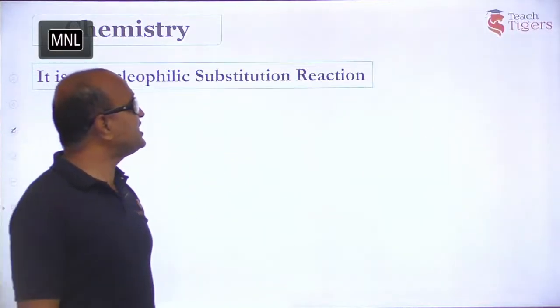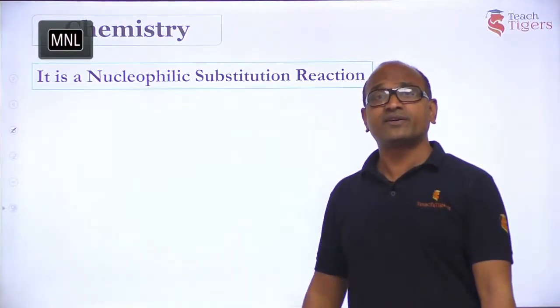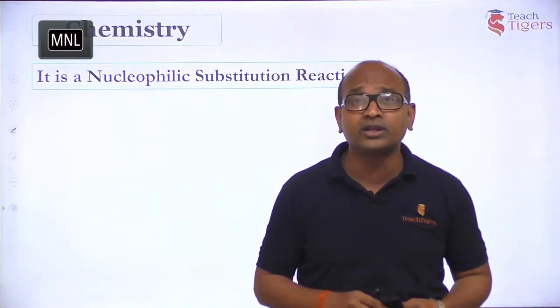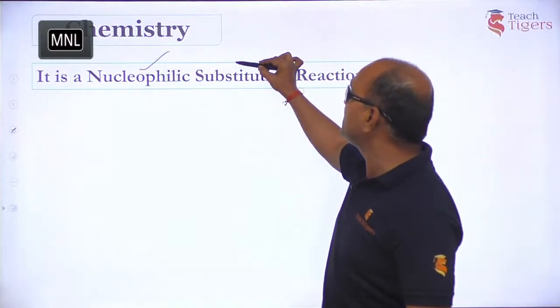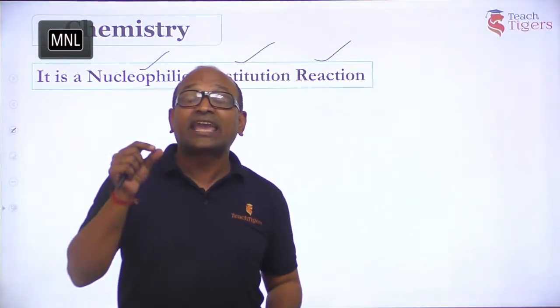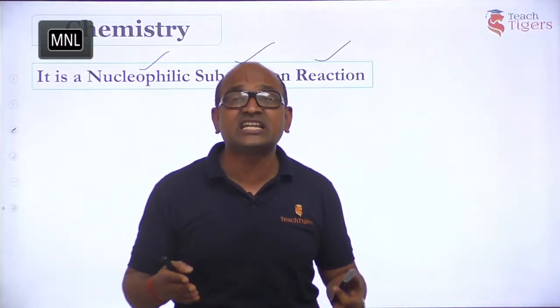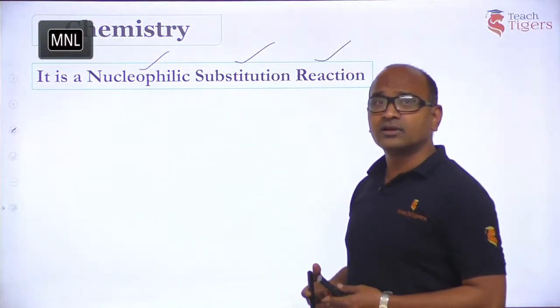Right? So guys, let us see further how this reaction takes place. Guys, the first step is the formation of enolate ion. I guess you know the characteristic property of carbonyl compounds is that they undergo nucleophilic reactions, right?